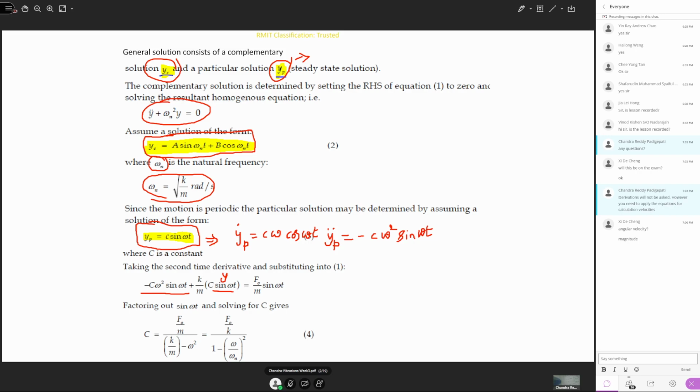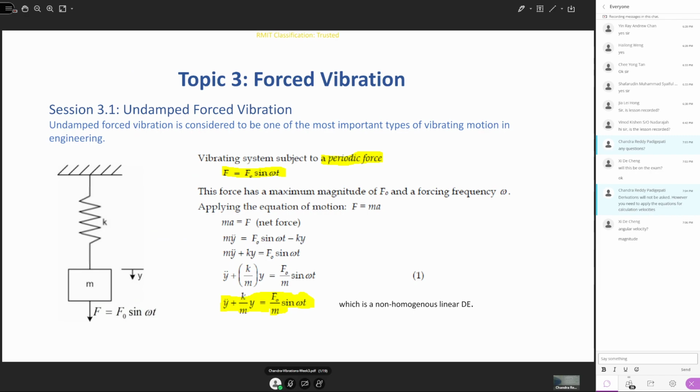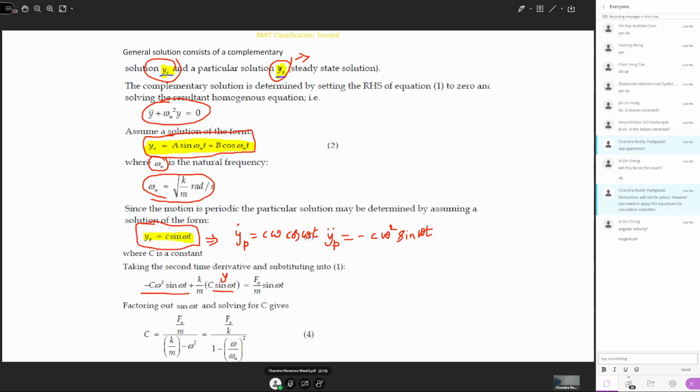Now this is equal to F naught over m into sine omega t. Basically we are just substituting the values for y double dot and y in this equation. Then you will get this expression.